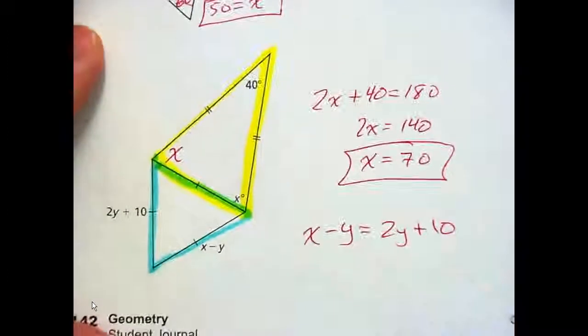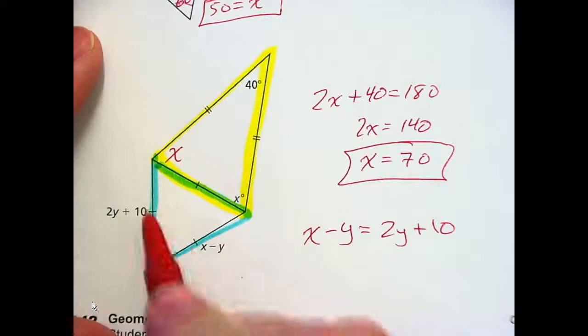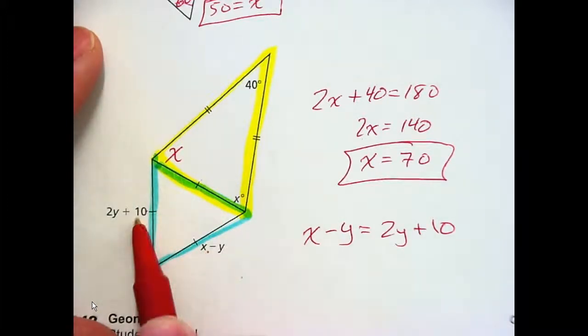Okay, hold on one second. We've got a lot you just said there. So this is an equilateral triangle. The sides are marked. Okay, so this equals that. All right.